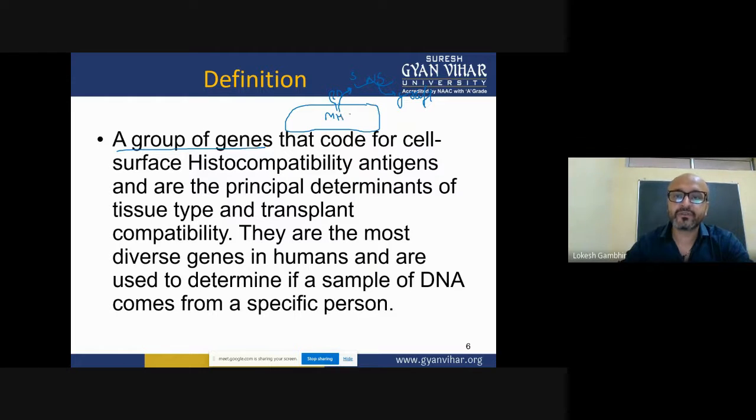Now the question comes, what type of cells am I talking about? MHC molecule is present in all cell types, which is why it acts as a switch, because it is present in all the nucleated cells. I have already discussed this in previous lectures.